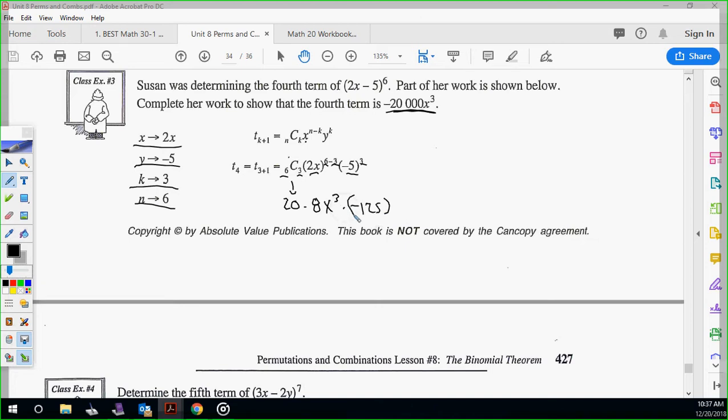That's your first little simplification there. Now you multiply that all together, which is simply negative 125 times 8 times 20. That gets you negative 20,000. And that's your answer. So really, maybe you like the numbers better, less variables.